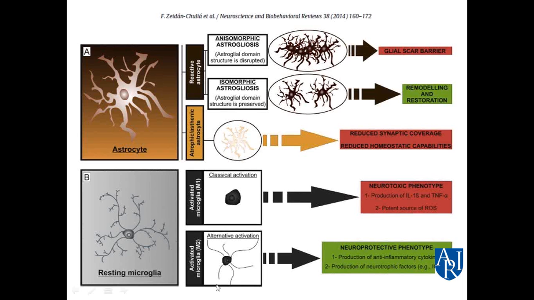Activated microglia of the alternative type that we've already talked about are neuroprotective. They produce anti-inflammatory cytokines, and they produce neurotrophic factors such as insulin growth factor 1. So the picture becomes much more complex as time goes along.